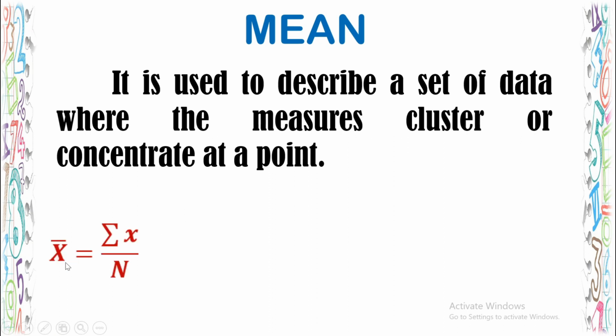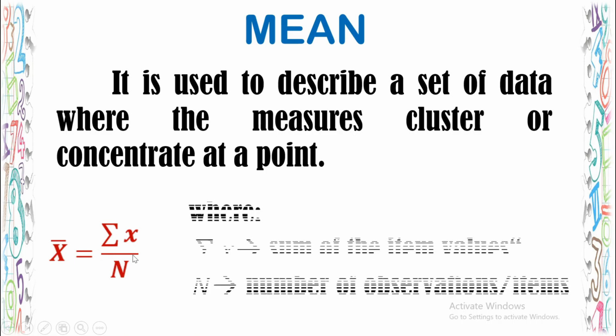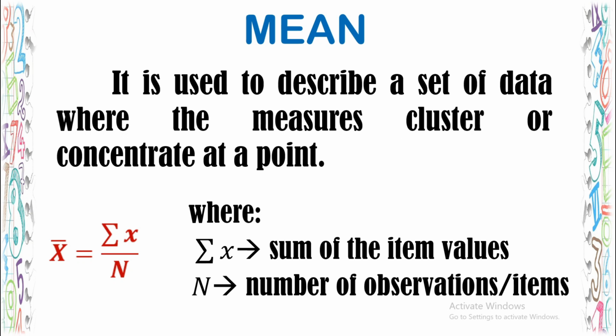To solve for the mean, use the formula: mean, represented by x bar, is equal to the summation of x over n, where the summation of x is the sum of the item values and n is the number of observations or items. Let's have examples.